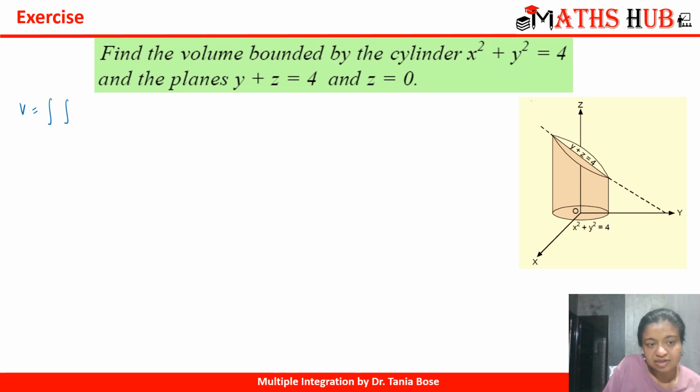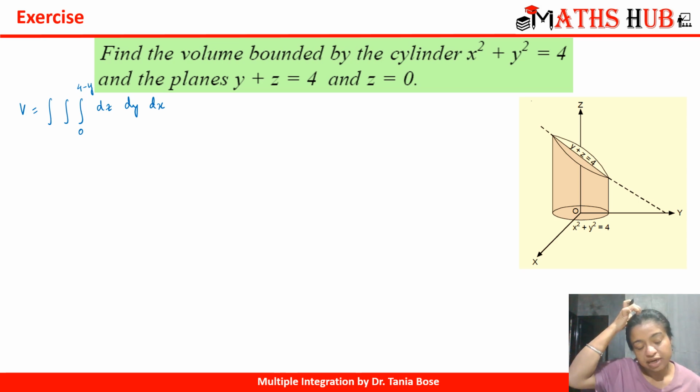So the volume is, again, I'll take the order as dz, dy and dx. Since the lower limit of z is 0, I'll take z as 0, and from here I can calculate z as 4 minus y. Now I am left with the equation of the cylinder. To calculate the limits of y, I can write y square as 4 minus x square.